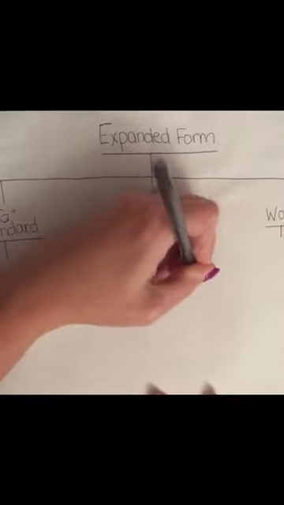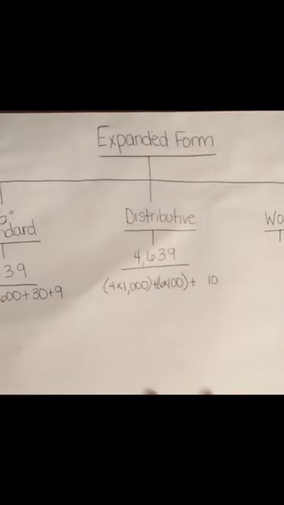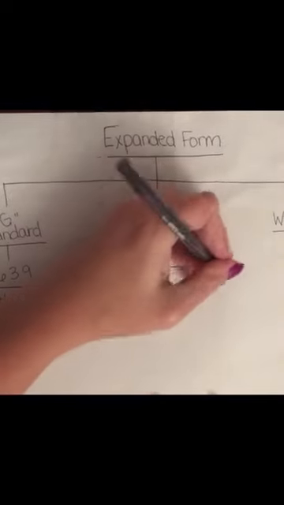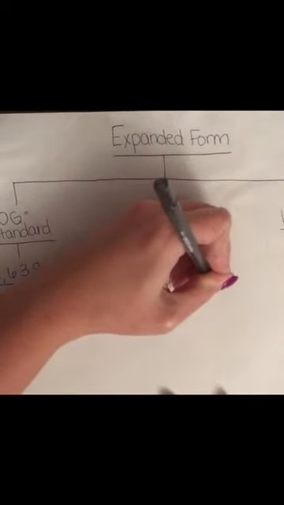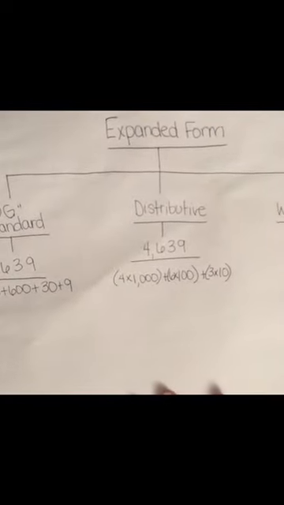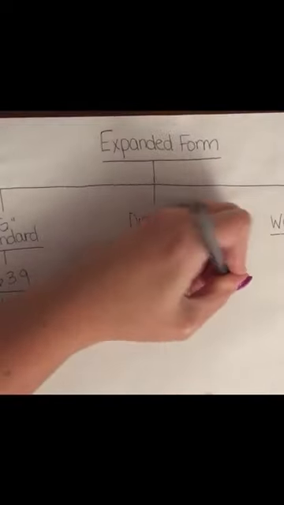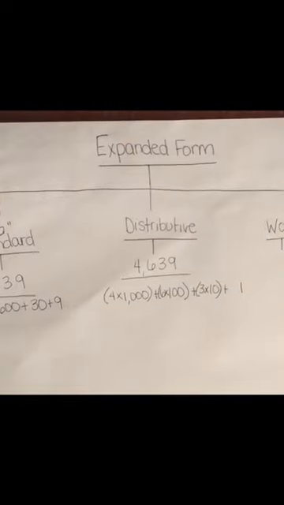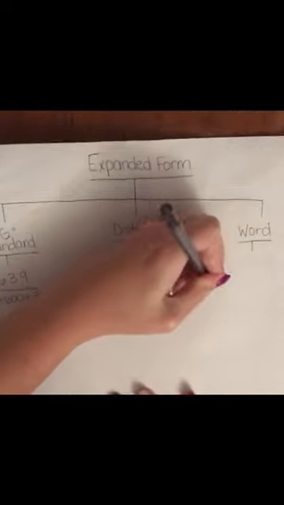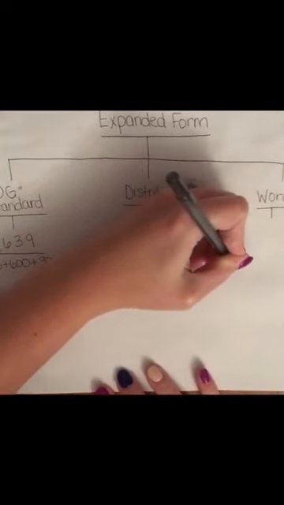So plus 10. How many are there? 3 tens. So times 3. And finally, in the ones, we're in the ones place, so plus 1. How many are there? 9 times 9.